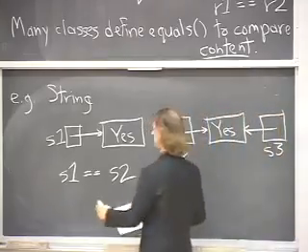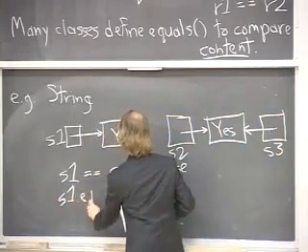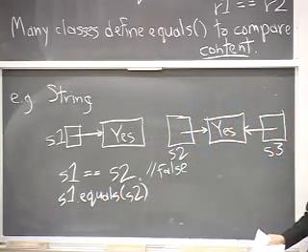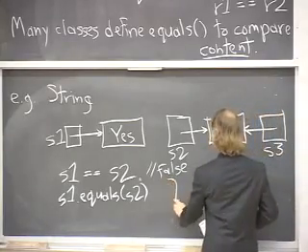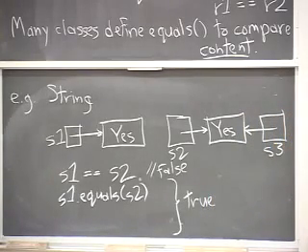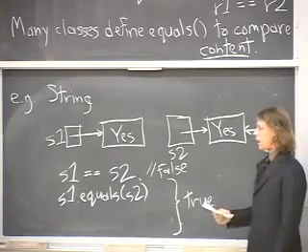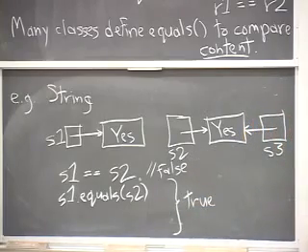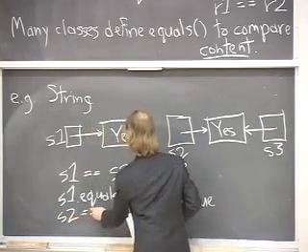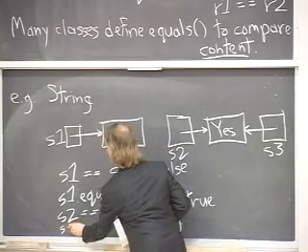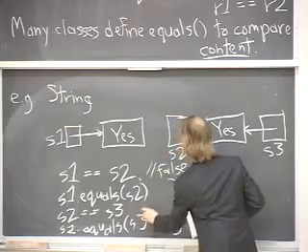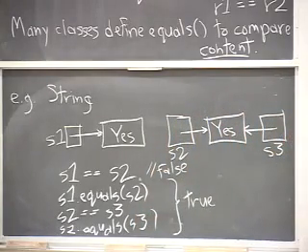But if we ask whether s1.equals(s2), then that one comes out true, because both strings contain exactly the same characters in exactly the same order and exactly the same number. Also, if you test s2 against s3, they're equal in every way because they both point to the same object. So s2 == s3 is true, and s2.equals(s3), not surprisingly, is true as well. So the first one's false, the last three are true.